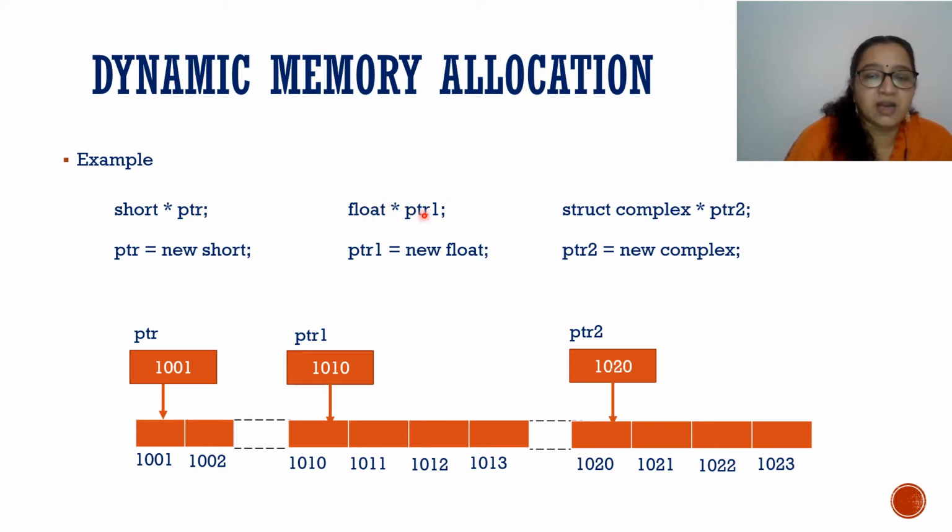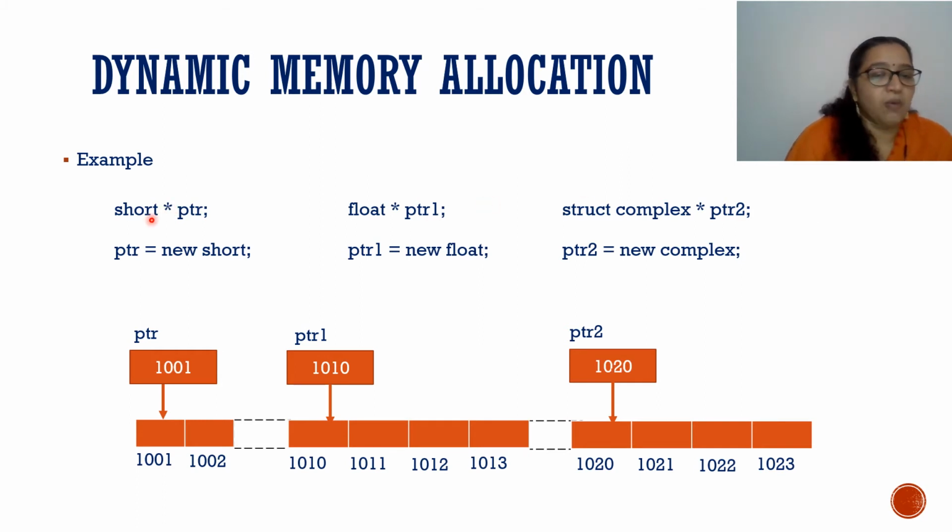So this PTR1 can point to only a float data type. Similarly, one structure data type is also put here. Struct complex, where complex is the user defined data type. And star PTR2 means PTR2 is the pointer variable and its data type is complex. So this PTR2 can point to that user defined data type complex.